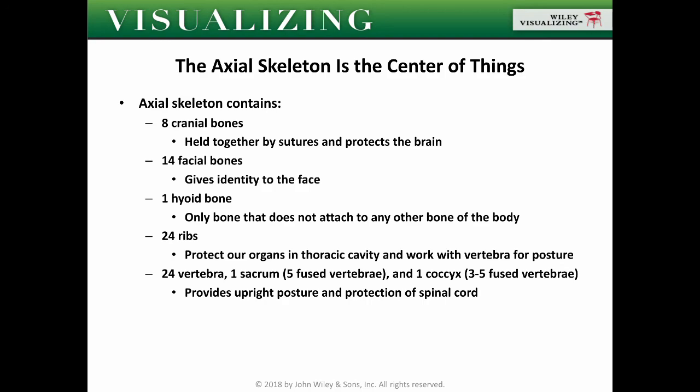And then we have the hyoid bone. The hyoid bone is a floating bone, so it's not attached to any other bone of the body, unlike the other bones that are usually attached to one another.